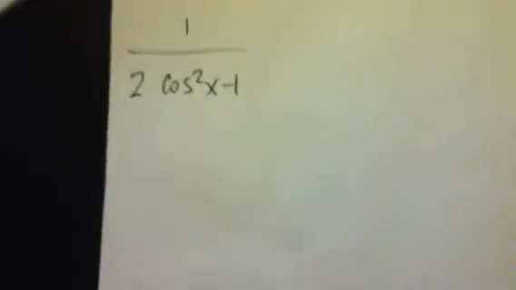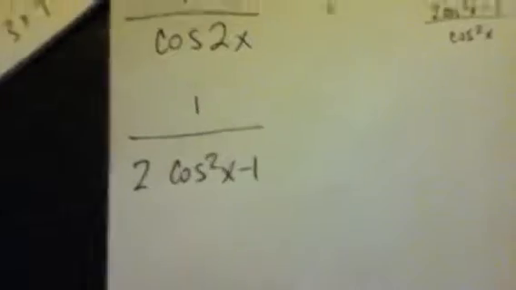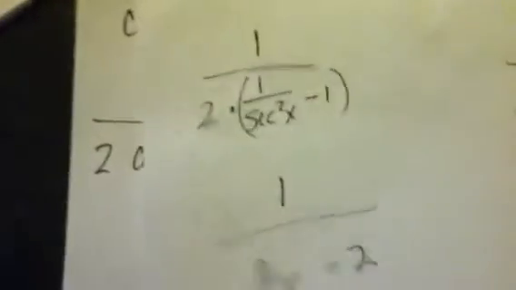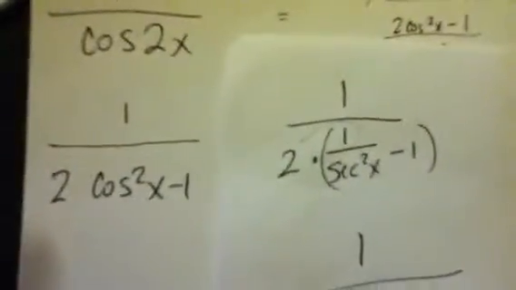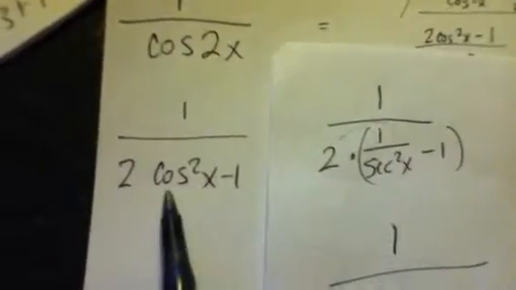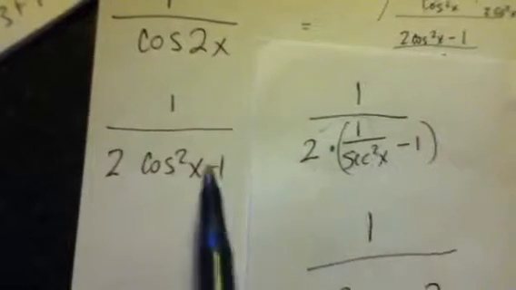Okay, so there's that. And then I started doing it on different paper because I thought I was going down the wrong path, but I ended up turning this thing into 1 over cosine. I did it on this paper right here. Or sorry, 1 over secant. Cosine and secant go together. Okay, so see what I did? I just traded the cosine squared x for 1 over secant squared x minus 1.